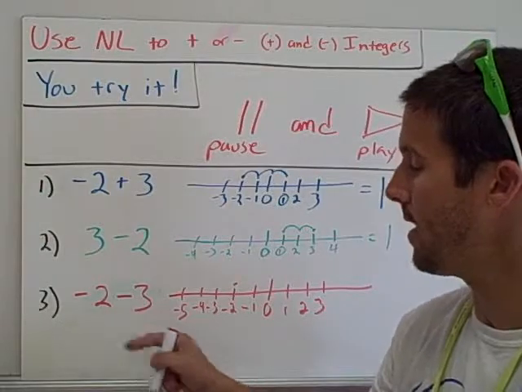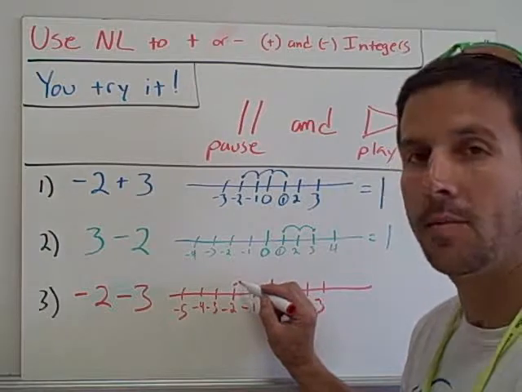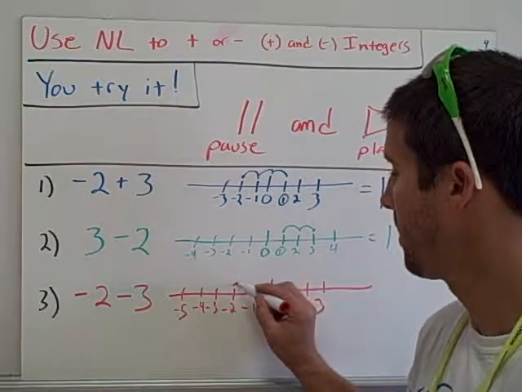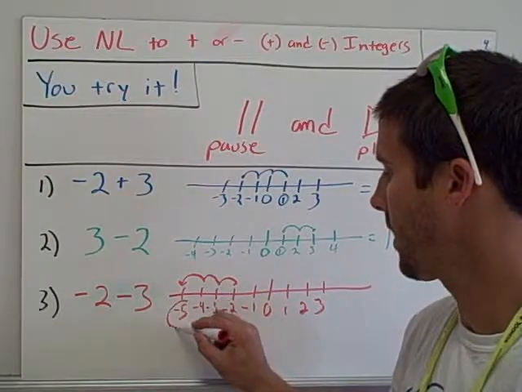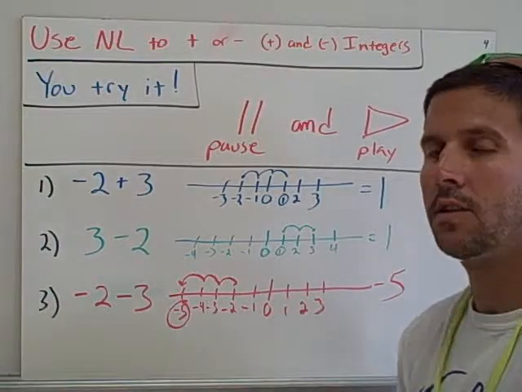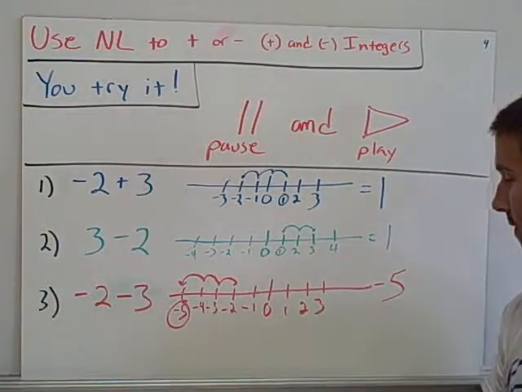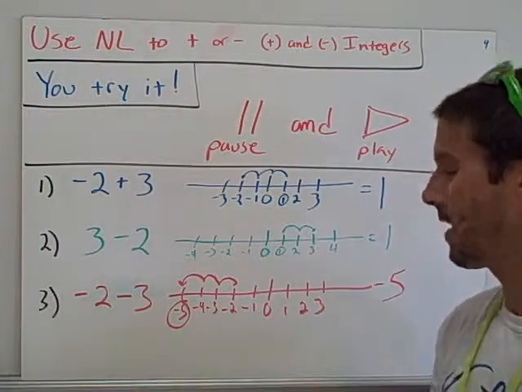So negative 2 minus 3. Well, I'll have to go that way. How many times? 3 times. 1, 2, 3. This is where I stop. I circle it. My answer is negative 5. So negative 2 minus 3 equals negative 5.